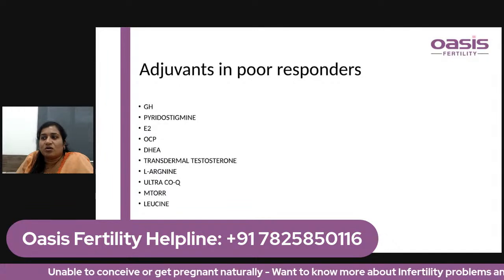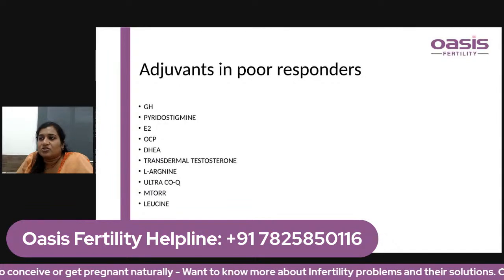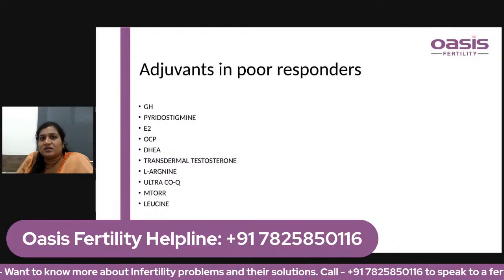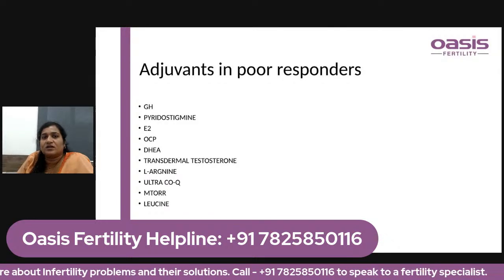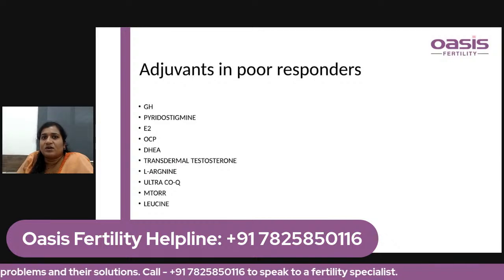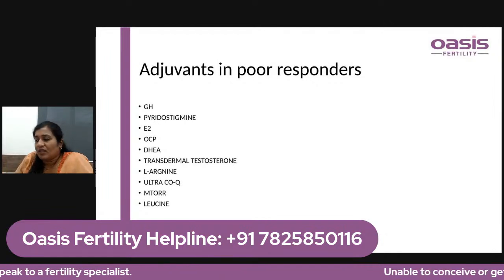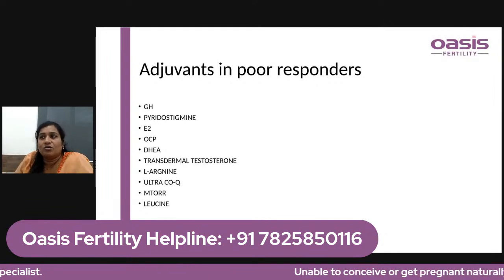Ubiquinol CoQ10, mTOR and leucine. These are again adjuvant medicines which can increase the egg quality. These are basically some of the antioxidants which act in the mitochondria and in the egg cytoplasm, which increases the egg quality, the capacity of the egg to give a good quality embryo.